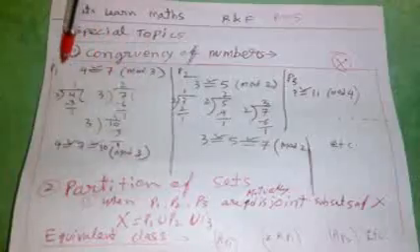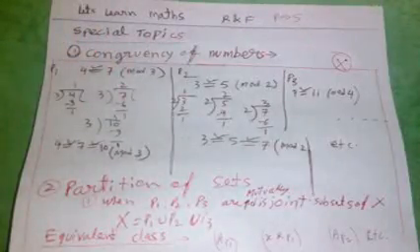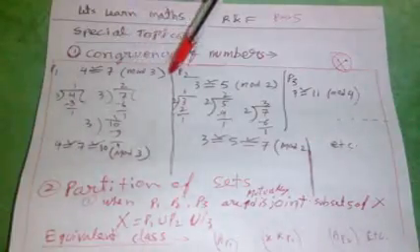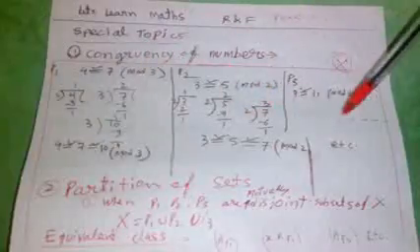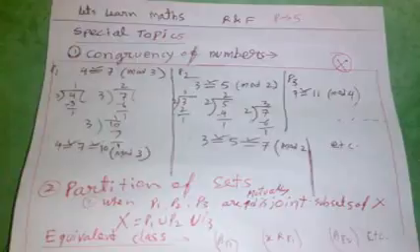Thus, when in a universal set there are many mutually disjoint sets, they are called a partition of sets. Hope you understood this partition of sets.